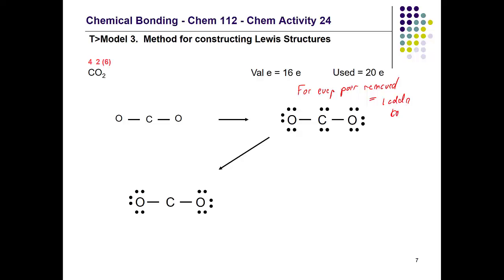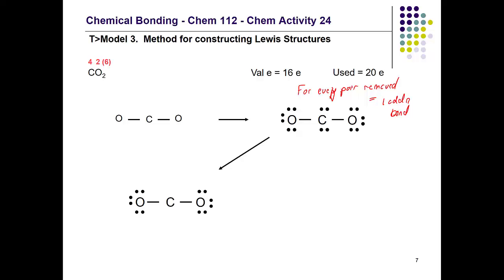So what I mean by adding an additional bond is essentially you're going to be taking that single bond, that dashed line, and you're going to be adding another line. So an additional bonding pair of electrons. And the idea here is that this will result in a double bond. Now if you have to add 2 additional bonds, well then that could result in a triple bond. So for every pair of electrons removed, you're going to have to add 1 additional bond.